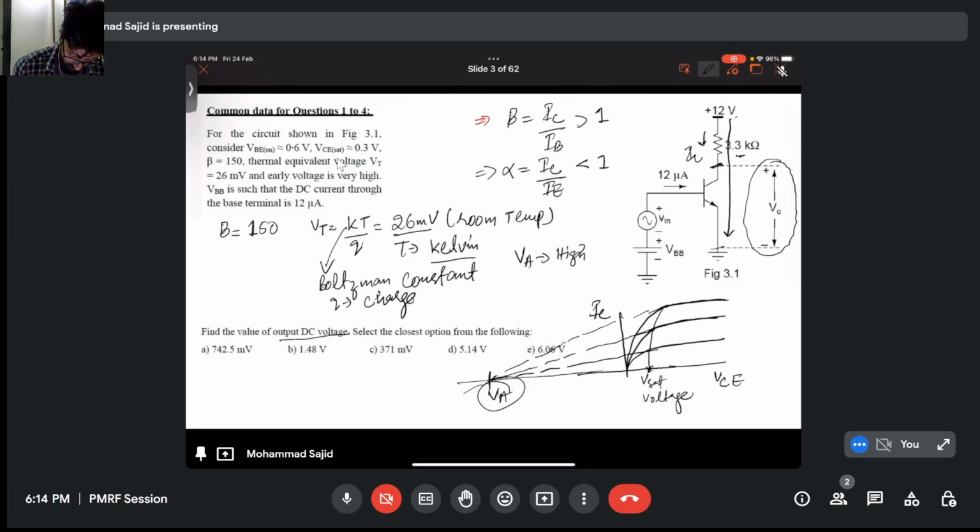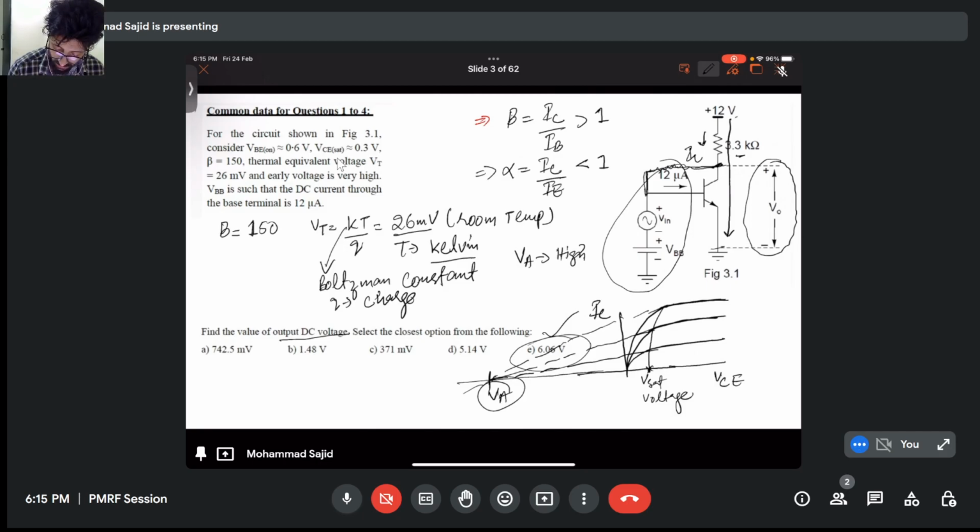Now there is one option of 6.06 volt. So why didn't we use this loop? If, let's say, it was like this, then maybe we would have been able to use one KVL through this loop as well.